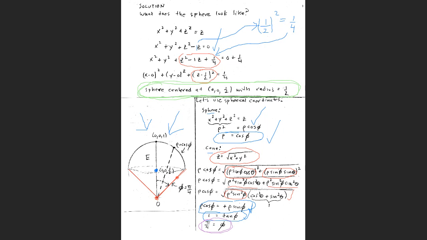The rim is the cone. Every point on that cone, the one thing that's true is that phi equals pi over 4. And so that's the equation of the cone.